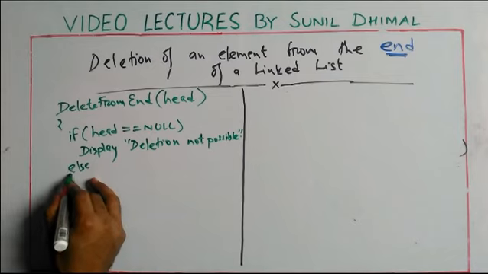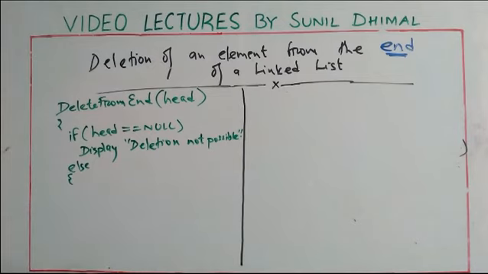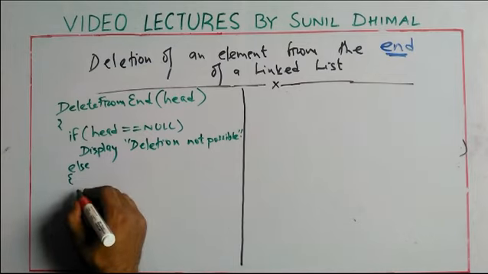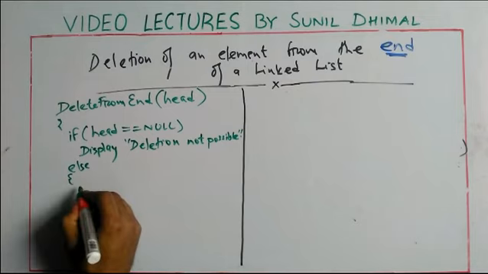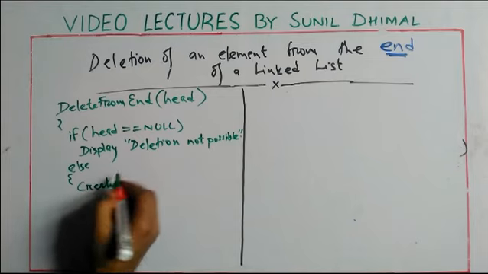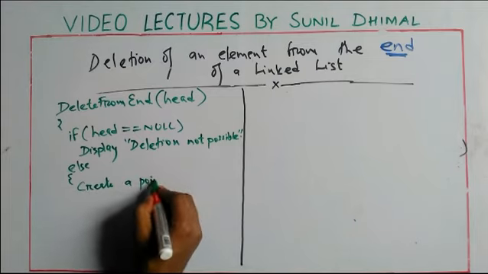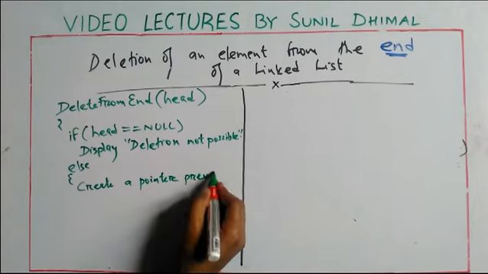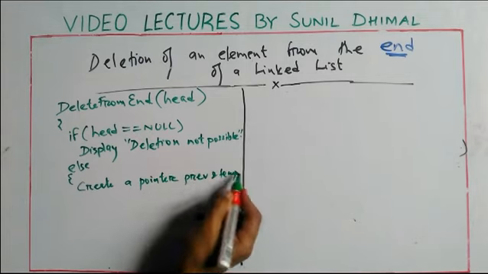So in this case you have at least one element, right? At least one element. You can have more than or equal to one element in this case. So what you do is you create a pointer called previous and temp, right?